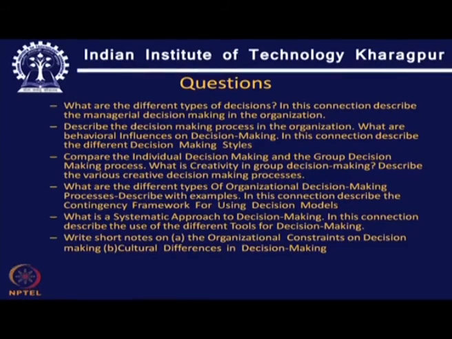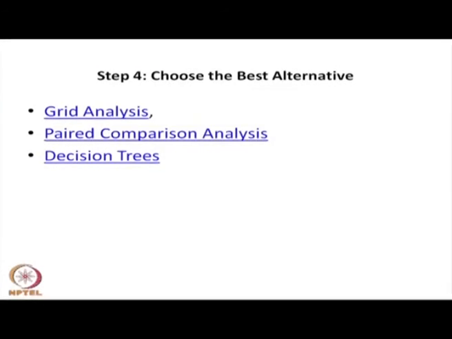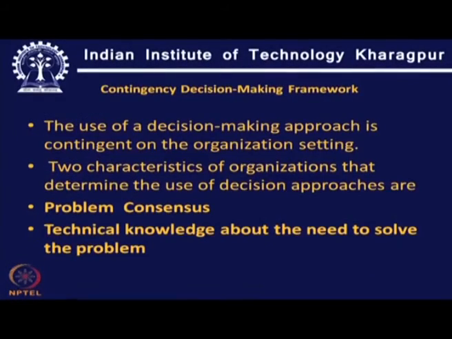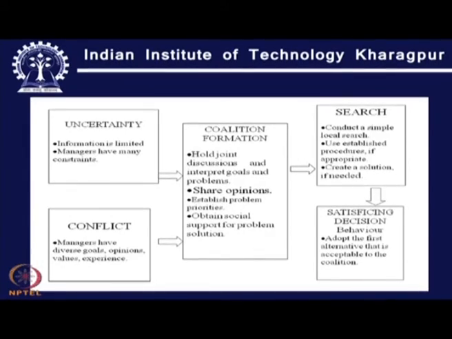Before we arrive at the question, maybe we'll just try to visit once again this model, which is generally very important when we are talking of group organizational decision processes, like how to deal with uncertainty, how to deal with conflict, and how to arrive, which is more important, at satisfying decisions.